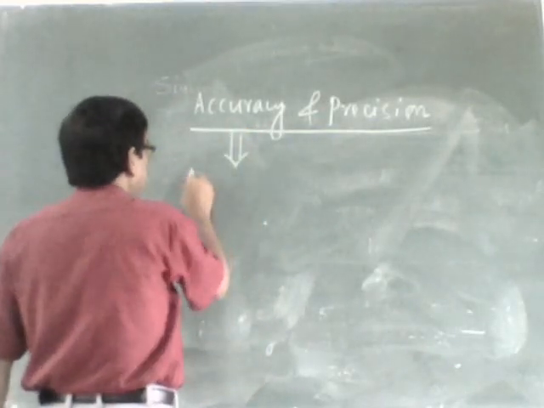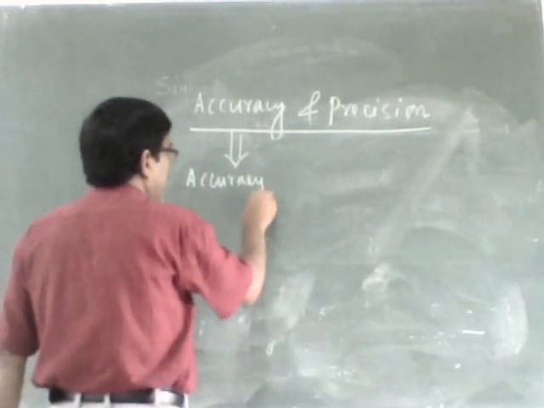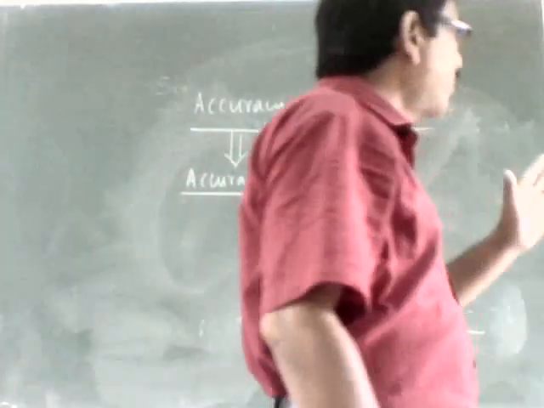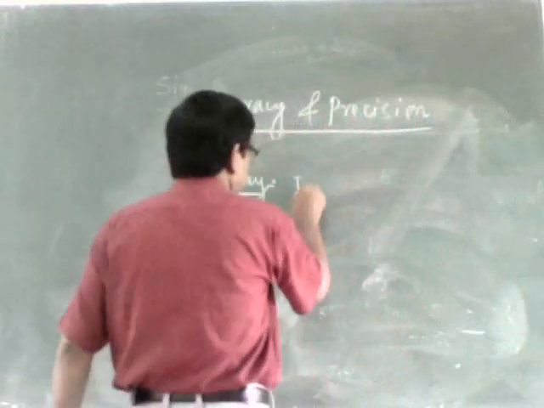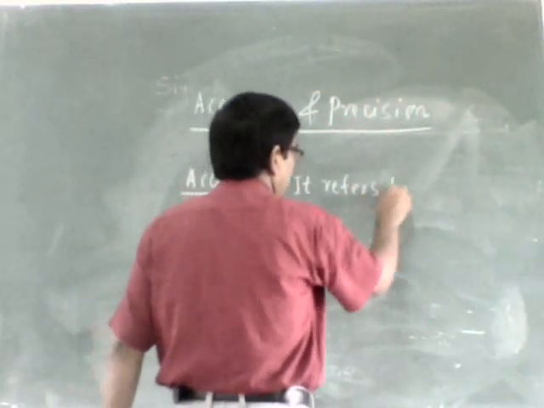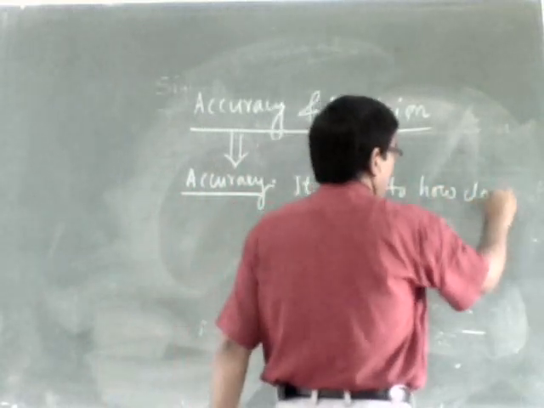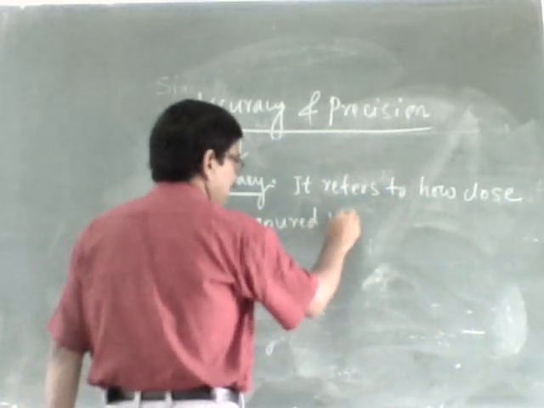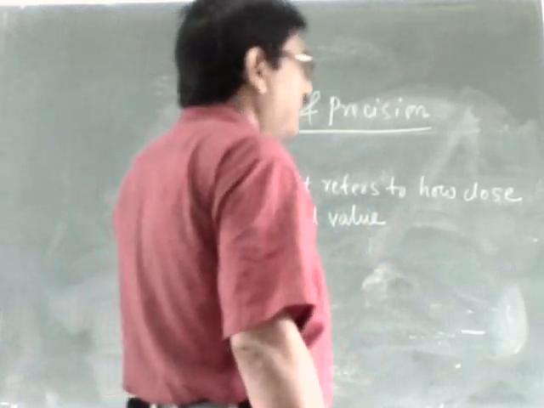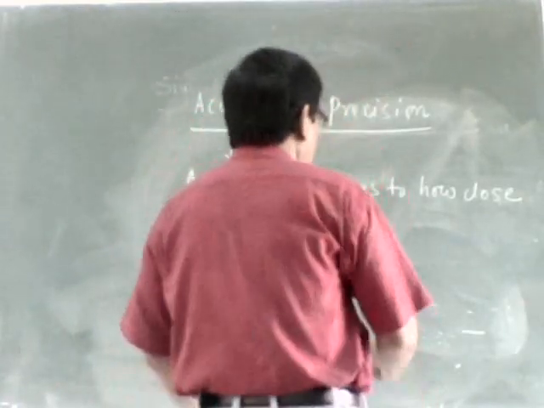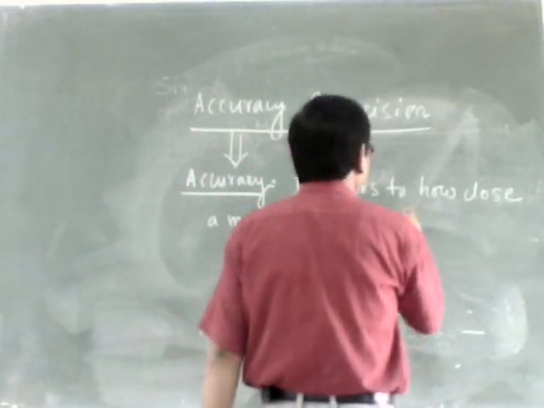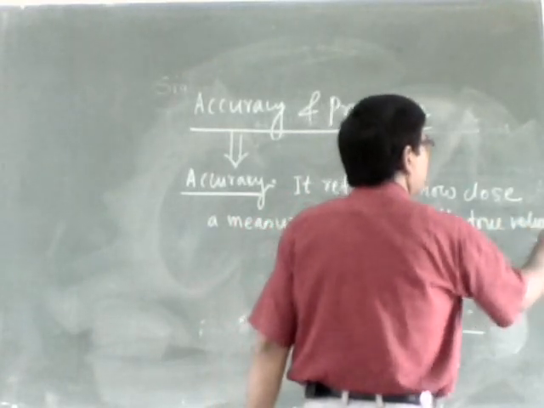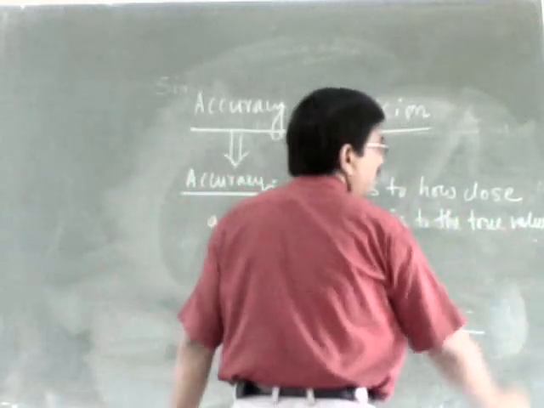Now accuracy mainly refers to how close a measured value is to the true value.